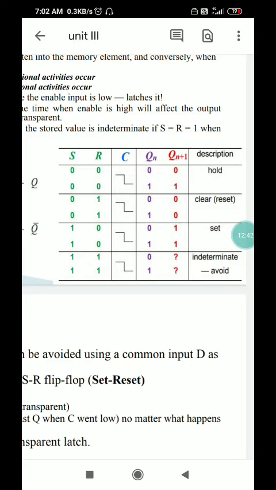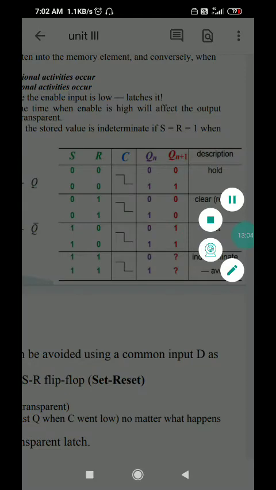Qn plus 1 will be 0 irrespective of Qn. If S and R are 1 0, then Qn plus 1 will be 1 irrespective of Qn, be it 0 or 1. And if S and R are 1 1, then we do not apply such kind of input to the flip-flop. Write race around condition, or simply write indeterminate in the response column. This is about your SR.